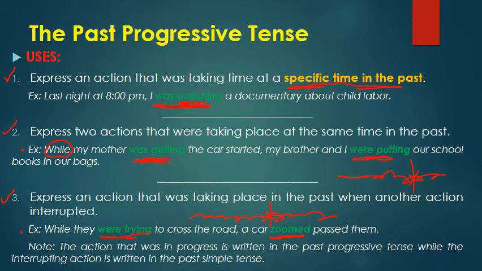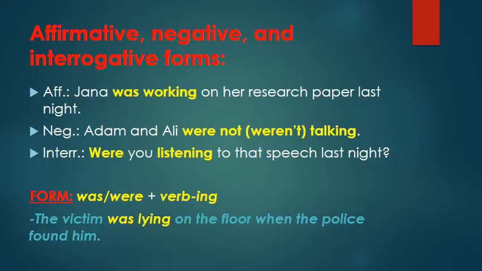The doorbell rang, okay? Note, the action that was in progress, as I said, is written in the past progressive, was or were plus verb ing, while the interrupting action is expressed in the past simple tense. Okay, so those are the 3 uses of the past progressive.